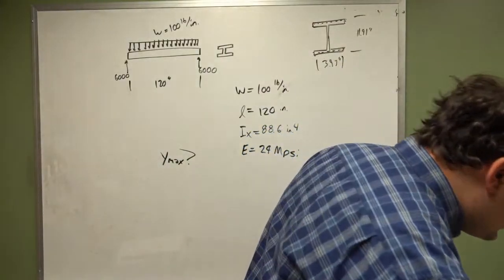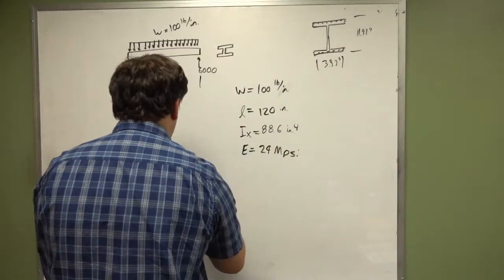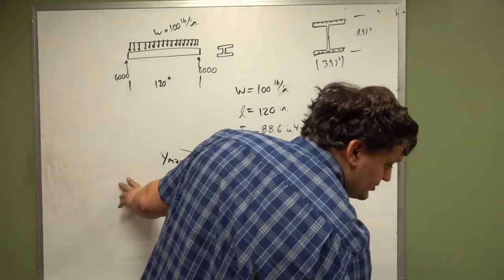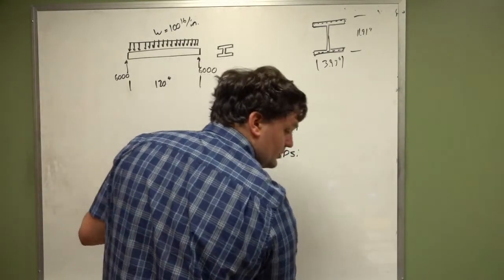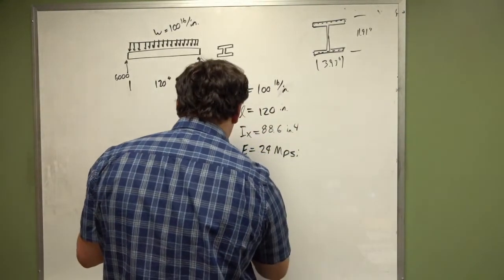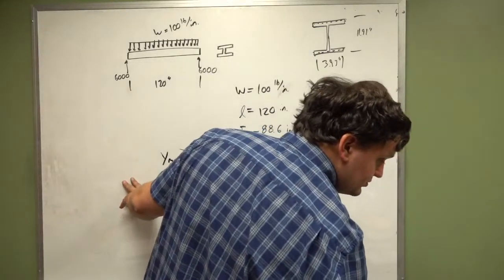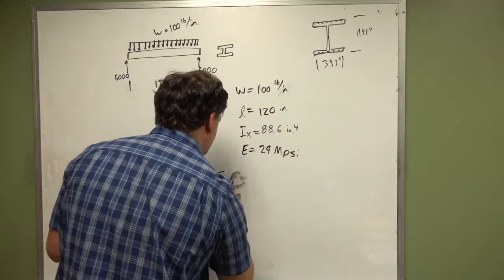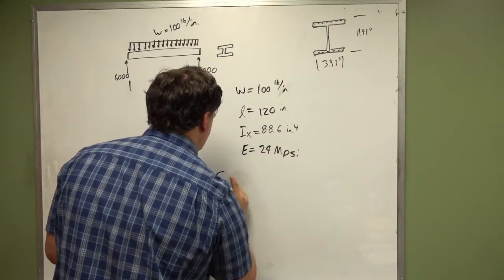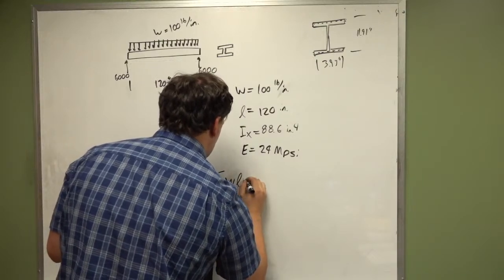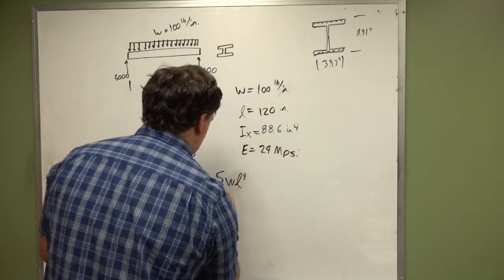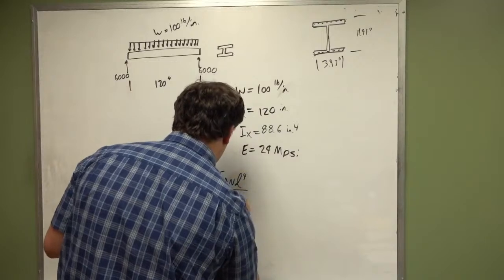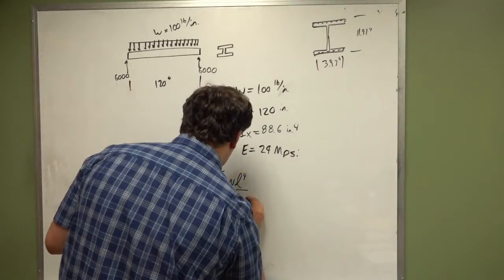So Y max is equal to 5 WL to the fourth, divided by 384 EI.